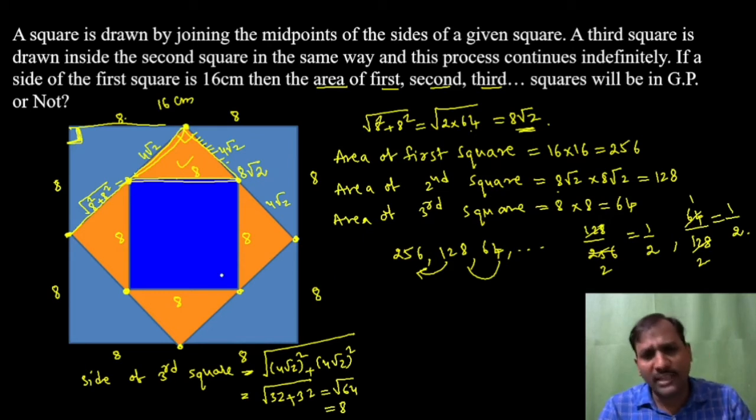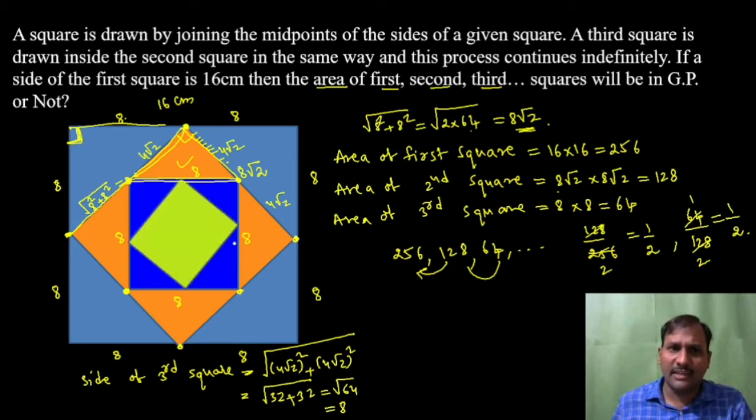And if you go for the fourth square, suppose let us take, so this will be 4 and this is 4. So what will be the side of the fourth square now? Square root of 4 square plus 4 square, 16 plus 16. That is square root of 32, which is equal to 4 root 2.